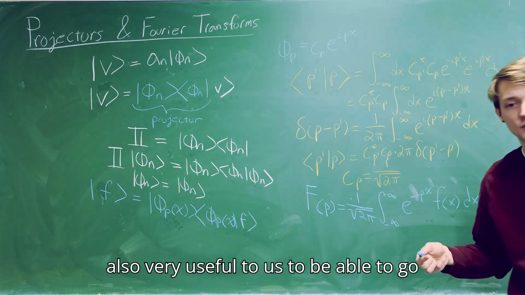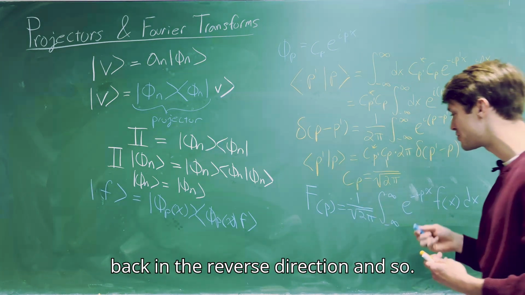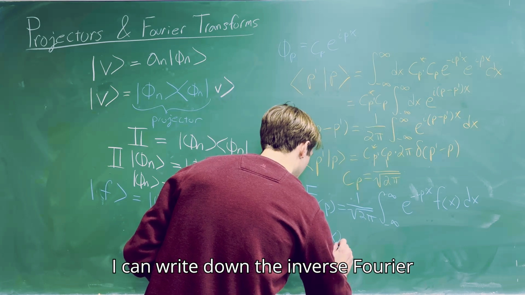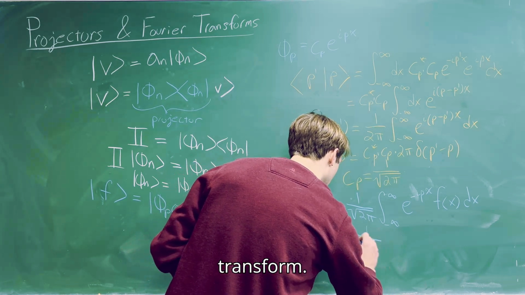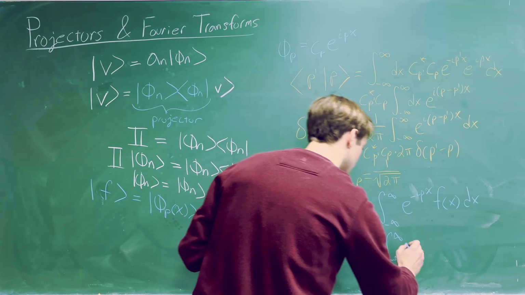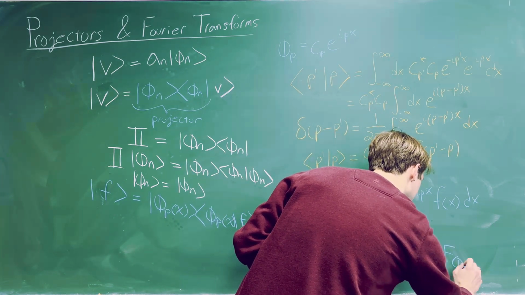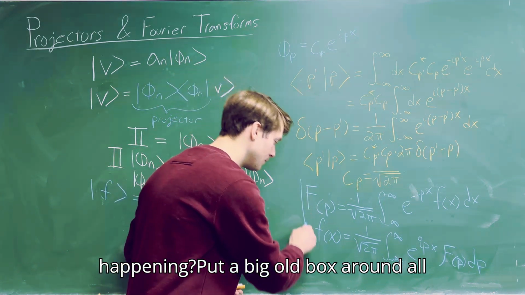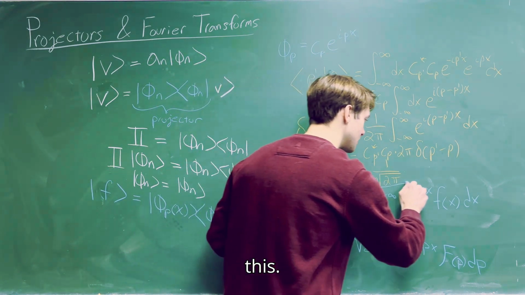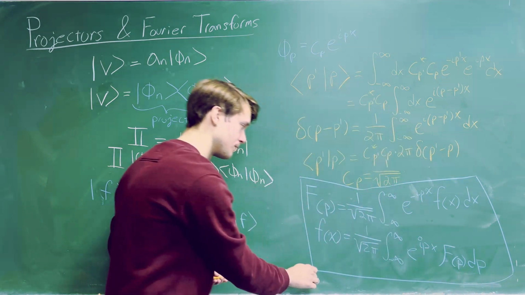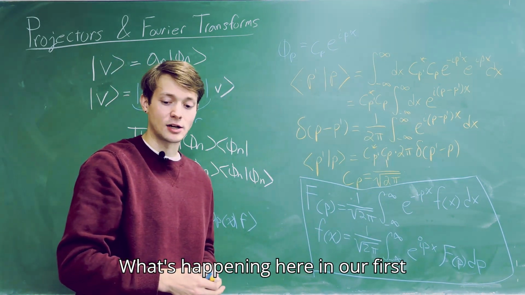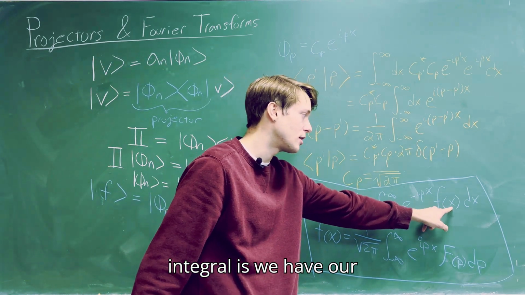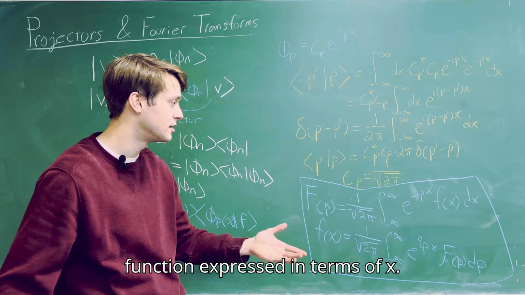It's also very useful to us to be able to go back in the reverse direction, and so I can write down the inverse Fourier transform. So here, put a big old box around all this. What's happening here in our first integral is we have our function expressed in terms of x.